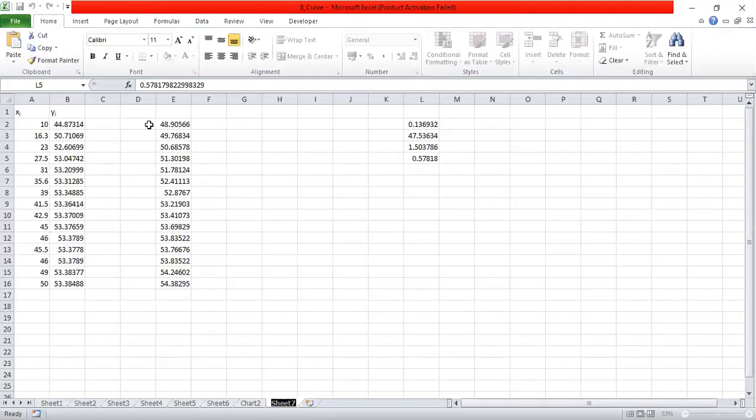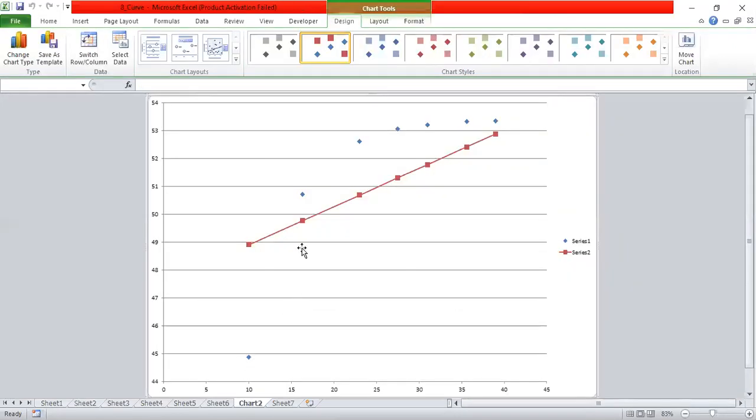So at sheet 7, this is the line of best fit, the values. These are the slope, the intercept, the standard error of estimate, and the regression line. Then here it is going to actually plot the line based on the data.